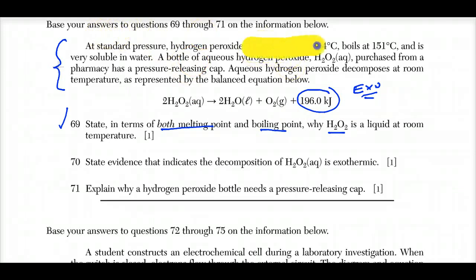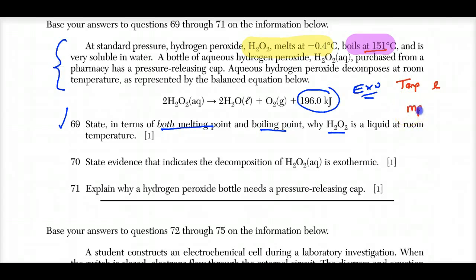Hydrogen peroxide melts at negative 0.4 degrees Celsius. Pretty low melting point. And it boils at 151 degrees Celsius. High, very soluble. So why would it be a liquid? Well, if something is a liquid, that means the current air temperature is above its freezing or melting point.